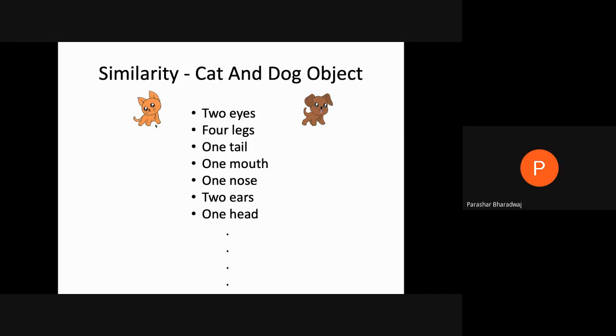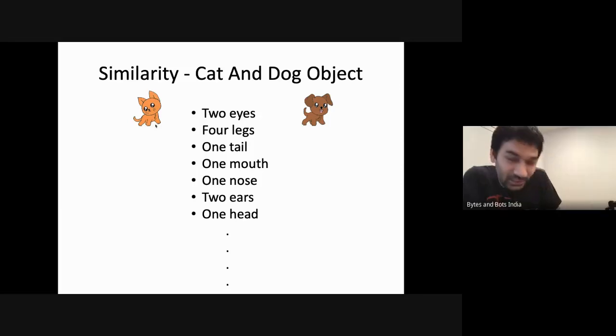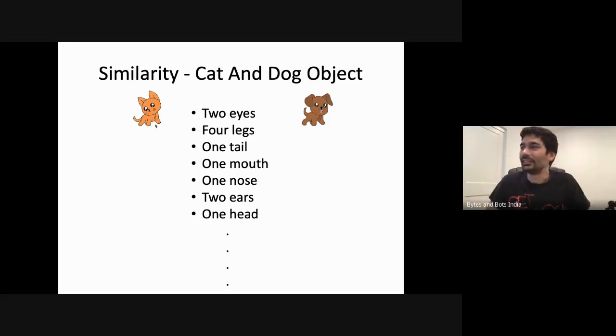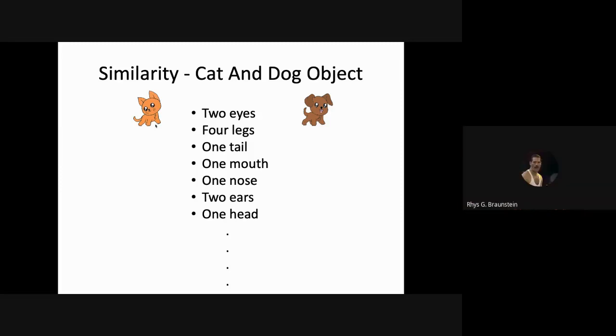They have different characteristics. So is it the differences that make them cat or dog, or is it the similarities? It's the differences. Okay. So if the differences make them cat versus dog, then what do similarities make them? Animals.